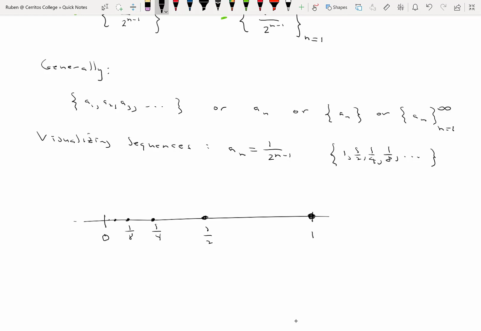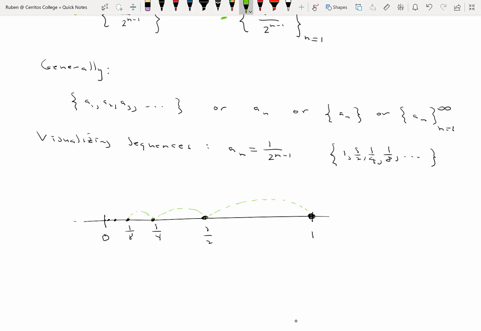And you can physically see what's happening with the terms in the sequence. What I like to do, and I didn't make this up, I grabbed this probably from when I took calculus, is to indicate the behavior of the terms in the sequence by drawing a little dotted line from each term to the next.